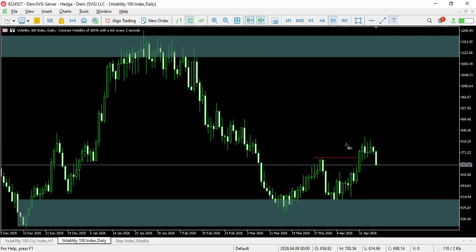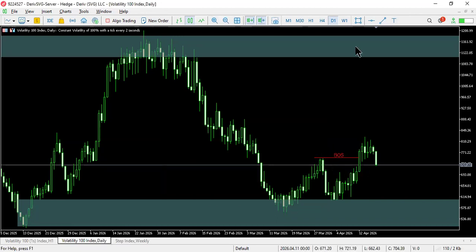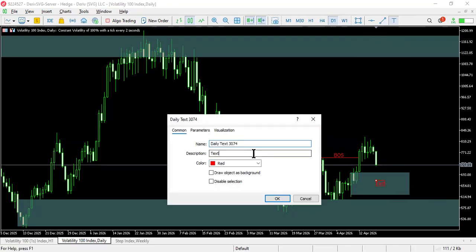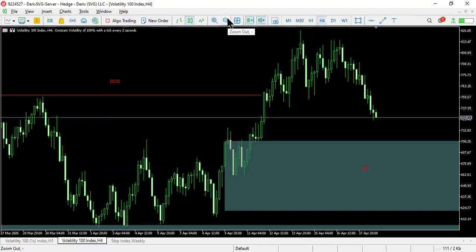So we have ourselves a break of structure, and then the order block which caused the break of structure from the daily time frame. It is that order block where price is coming back to mitigate. Heading over to the 4 hours time frame.